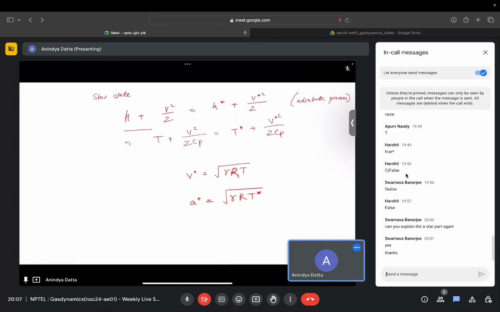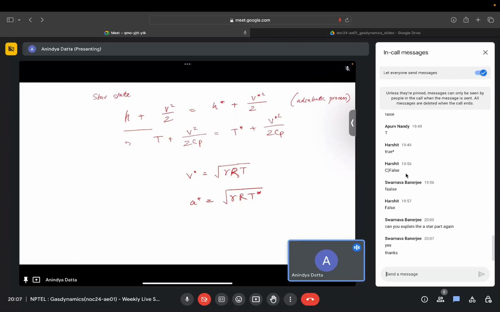The star temperature and stagnation temperature values are both derived based on the condition that the flow is adiabatic.